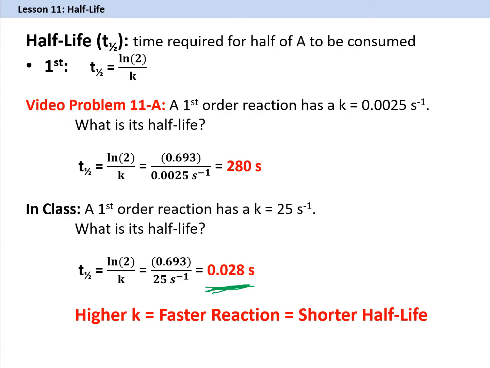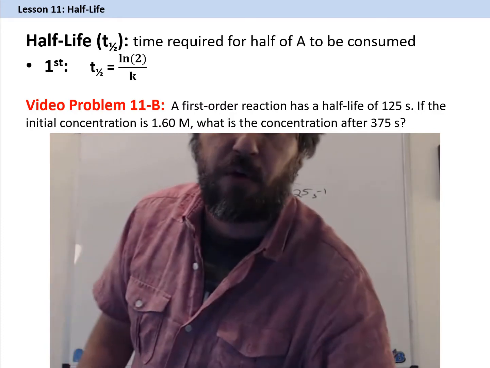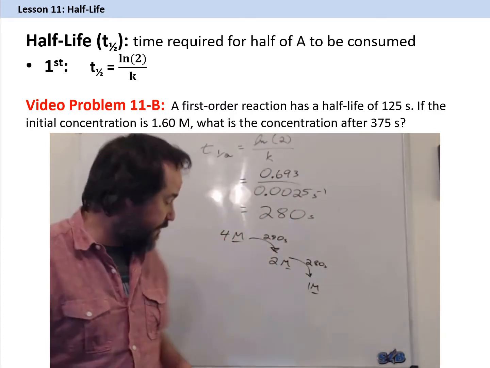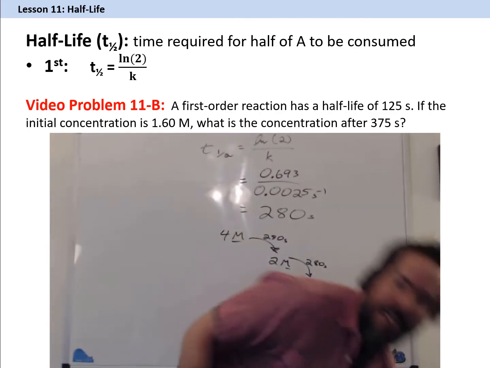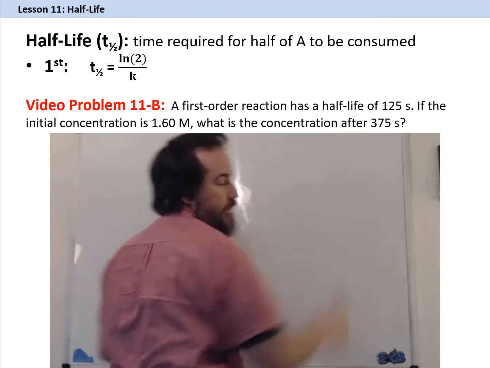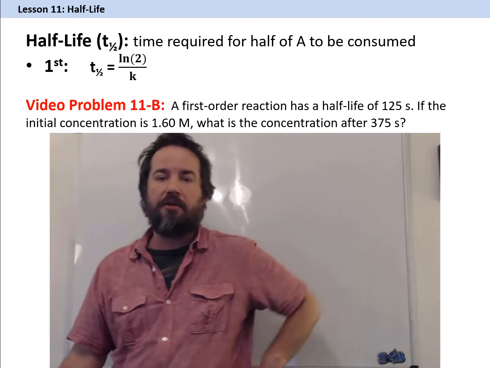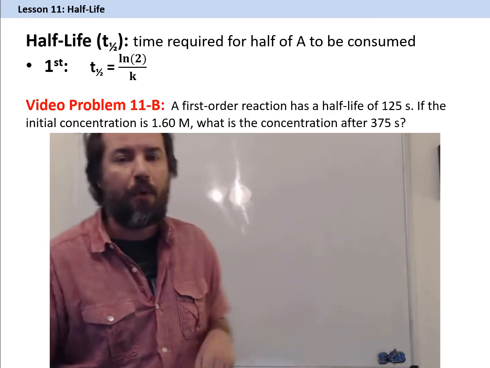Okay, let's move on to video problem 11b. 11b says there's a first order reaction with a half-life of 125 seconds. If the initial concentration is 1.6 molar, what is the concentration after 375 seconds? All right, so what are we given?